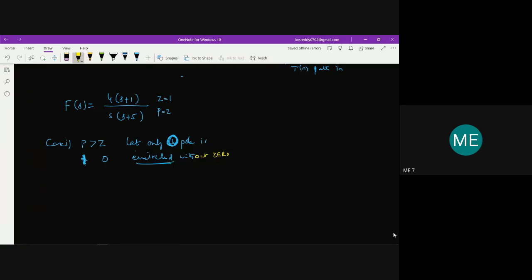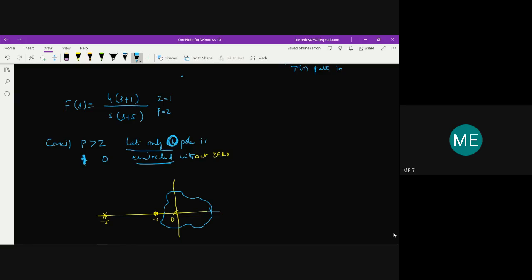So what does it mean? Say I draw a path in the s plane, for example like this, with a zero at s equal to -1, and we have taken one more pole at s equal to -5, and a pole at s equal to 0. What I am saying is that this tau of s path, which is taken arbitrarily, encloses only one pole.